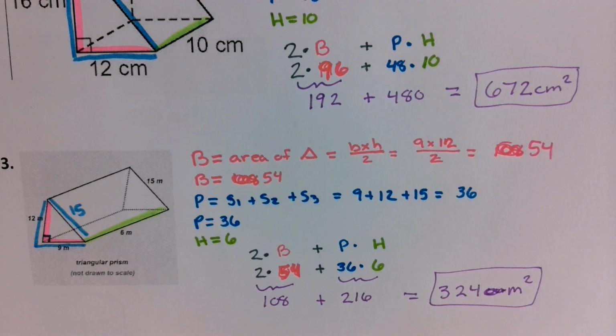Okay, so that's our triangular prisms. We do have cubes that we need to focus on as well. And remember, I told you before, a square has, yes, a base times height for the formula, but we also can focus on it as just the base times the base, because the bases are the same.